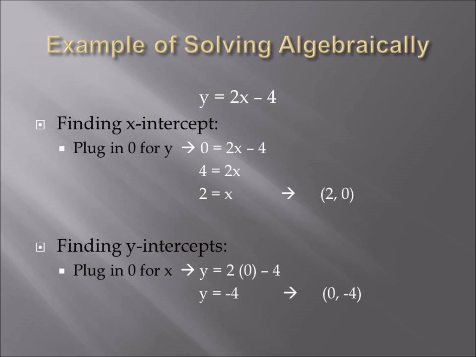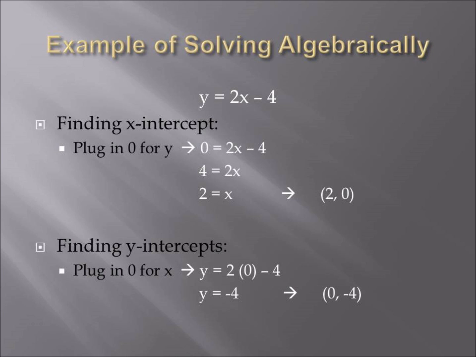Let's do an example. If you're given the equation y equals 2x minus 4 and told to find both intercepts, you could start with either x or y, whichever you prefer. I started with x. So to find the x-intercept, I plugged in 0 for y to solve for x. So the equation y equals 2x minus 4 becomes 0 equals 2x minus 4.